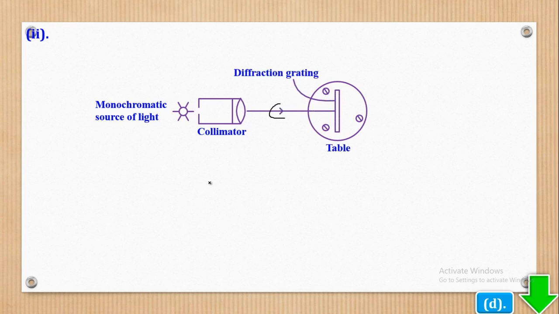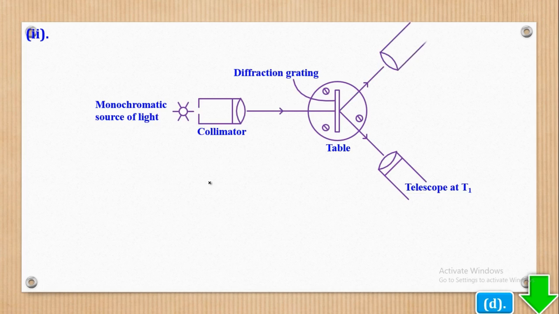So this will be light from this source incident on this diffraction grating, diffracted in that direction, and is viewed using telescope T1. Then in this direction also, this other diffraction will be viewed using the telescope put at position T2. And that angle is called theta.